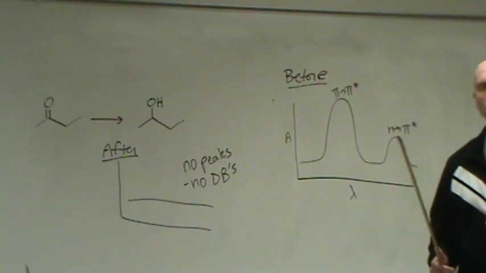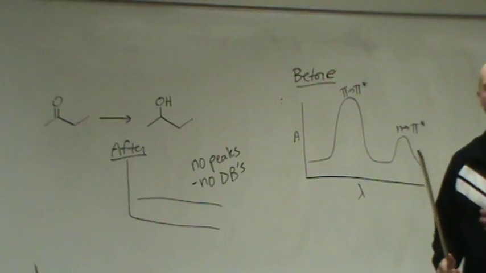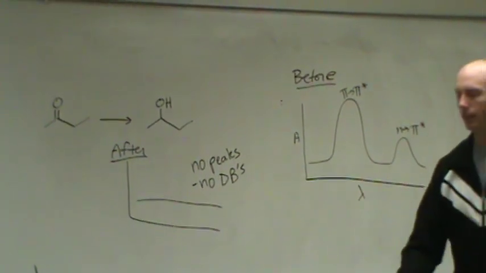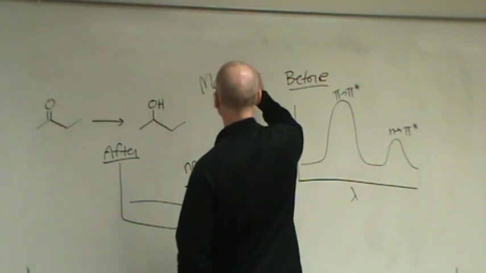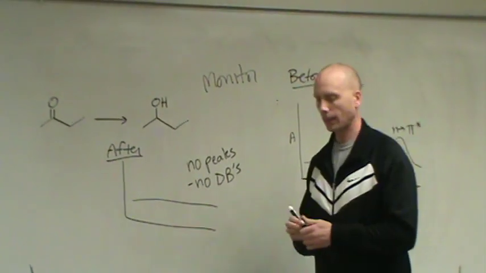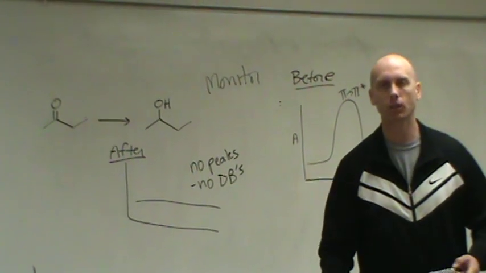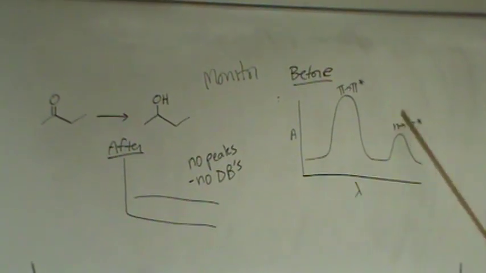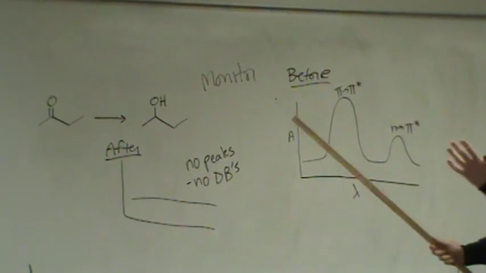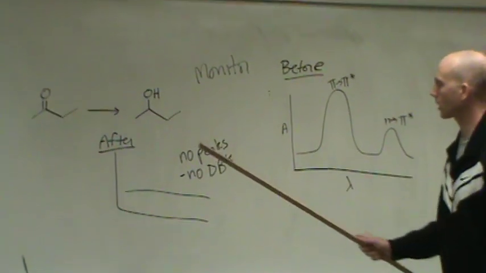So this is a way that you could use UV spectroscopy to monitor your reaction, okay? This is how we monitor, okay, to see if the reaction has gone to completion. What would you do? You'd keep looking at the UV spectrum. What would happen with time as the reaction occurs?